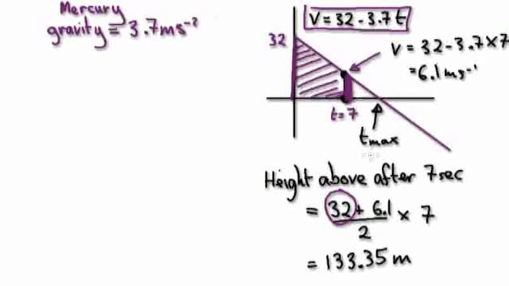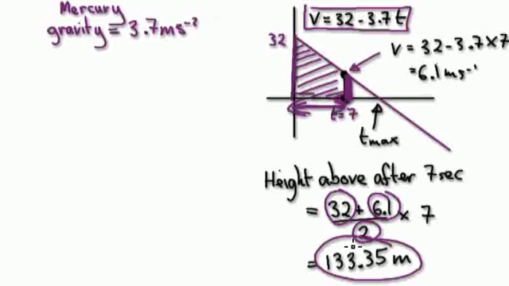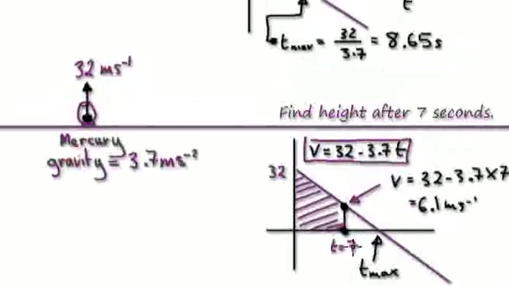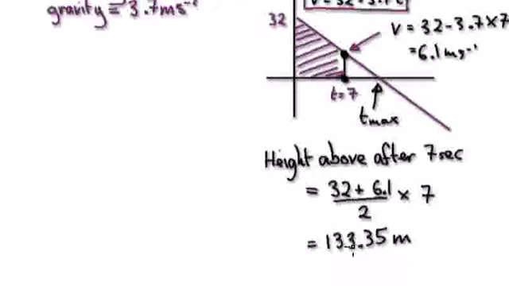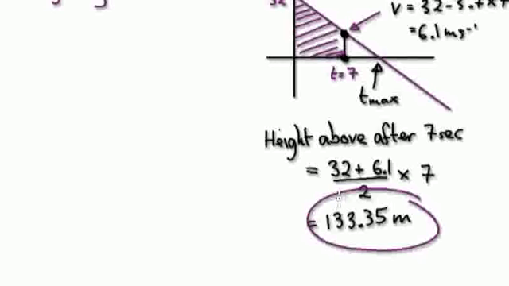Add them, divide by 2 to give the average of the two heights, and then times this across here. This times by 7 gives you the whole area. So the overall answer would be this. This is your answer here.